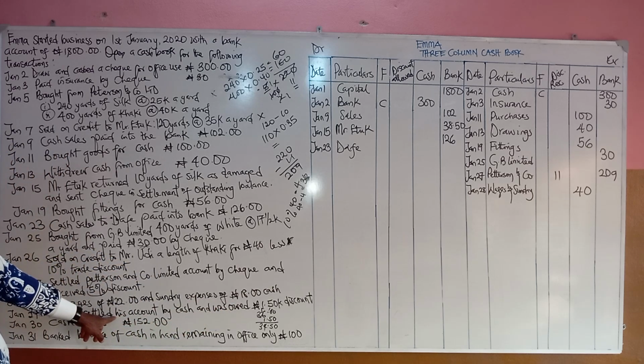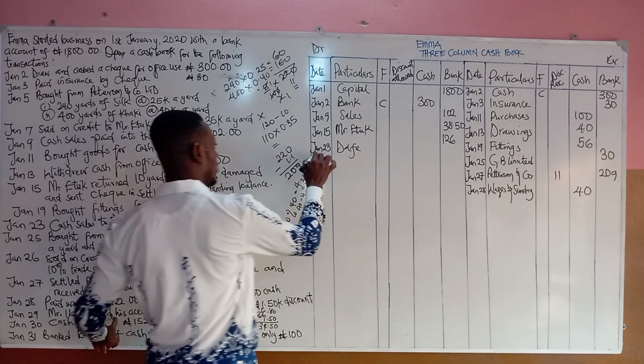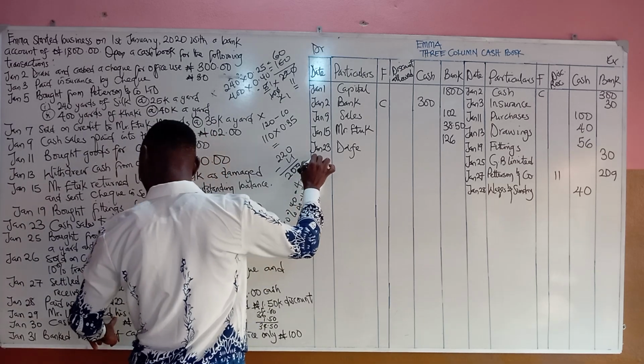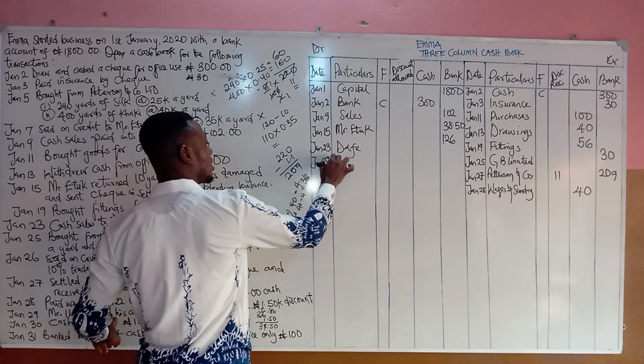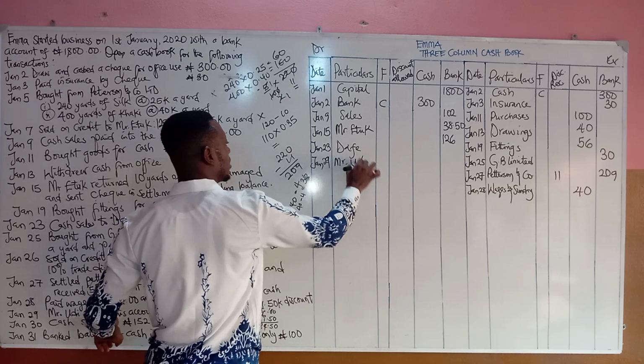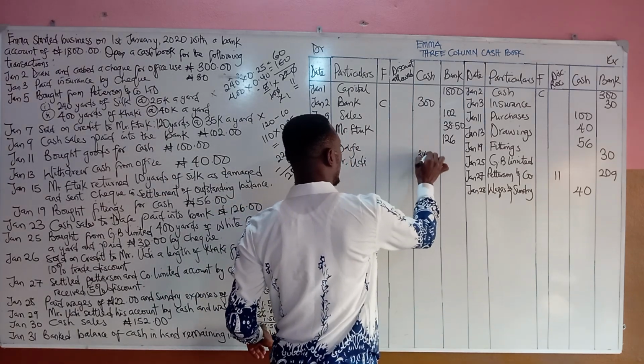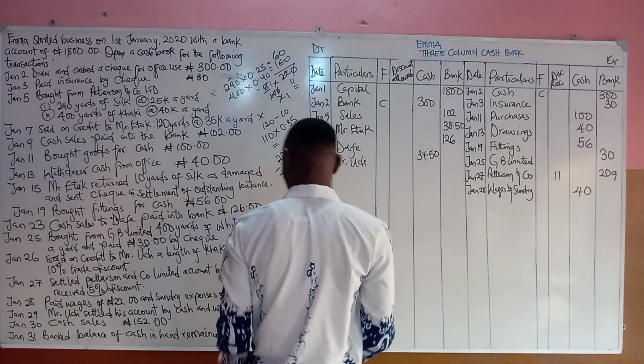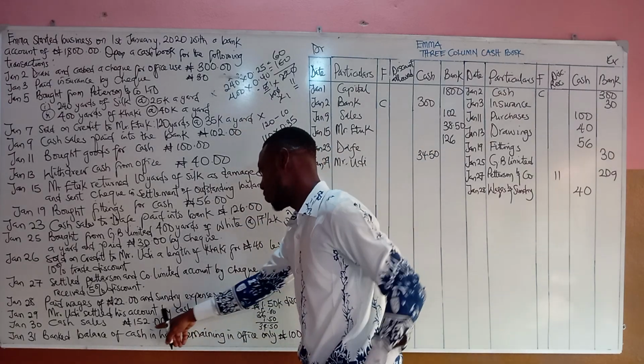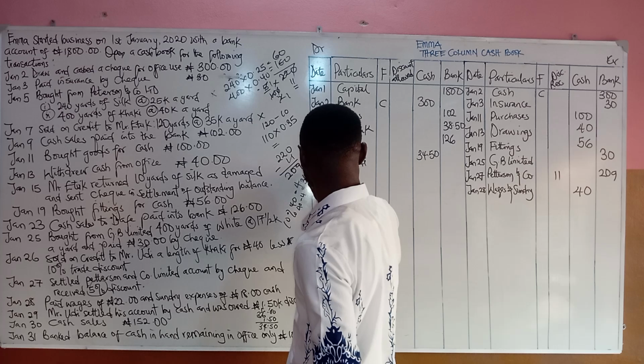And Mr. Udi paid by cash. So here we have January 29, received from Mr. Udi cash payment of 34 naira 50 kobo. Do we understand? Now the next one, we have cash sales, January 30.